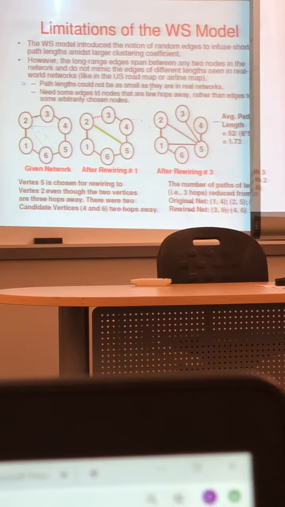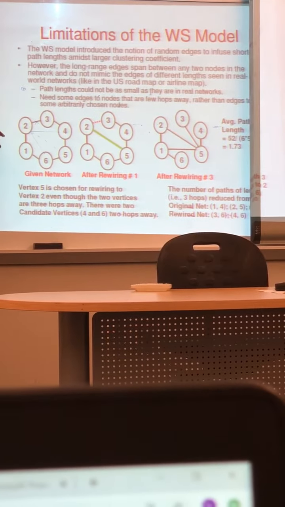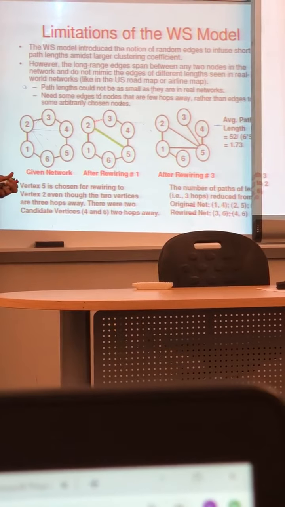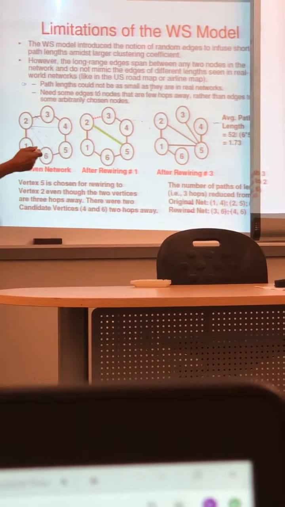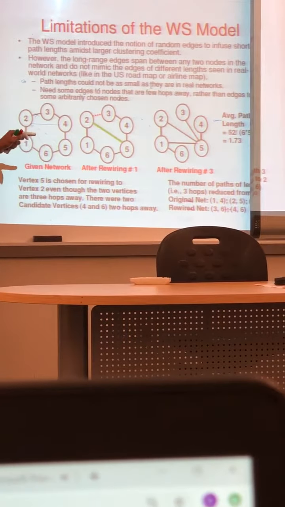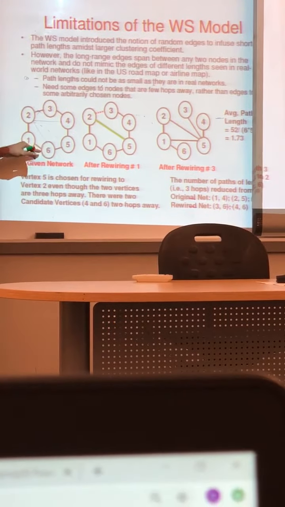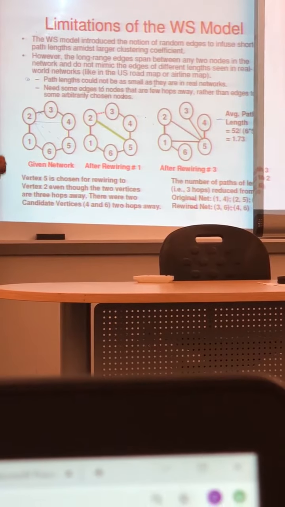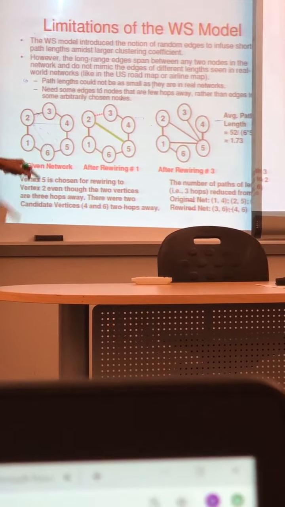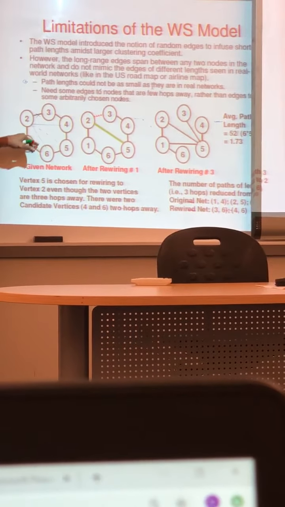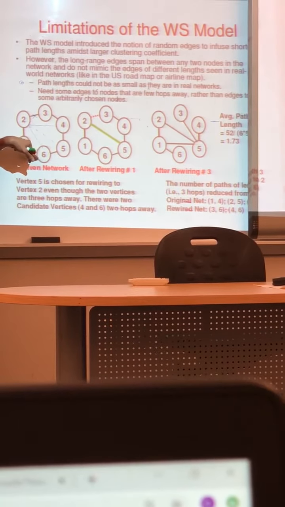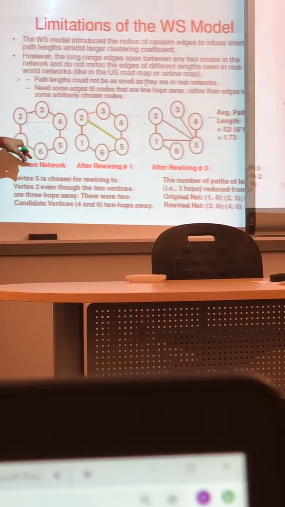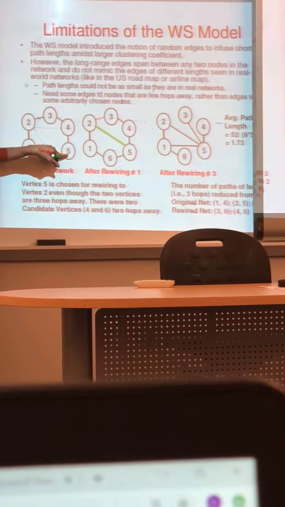Same difference. Like the number of paths, it will take 3, and on that side also it will take 3. Yeah. So 5 is 3 edges away from 2, whereas 4 and 6 are 2 edges away from 2. So the motivation is now, see in the previous case, what did we do? Once we decided 4, 5, 6 were candidates, we assigned equal probability, 1/3, 1/3, 1/3, and then went about deciding which one to go for, and we ended up with 5.